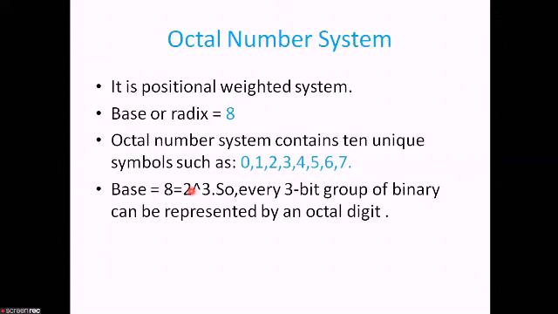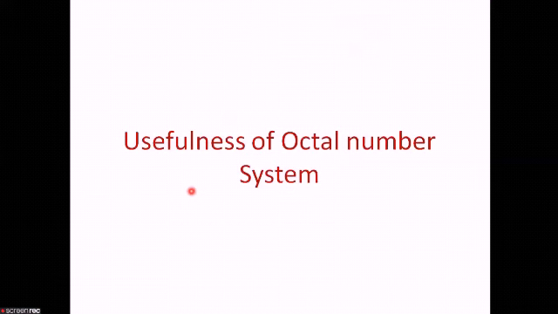Next, we are going to study the usefulness of the octal number system. The ease with which conversions can be made between octal and binary makes the octal system attractive as a shorthand means of expressing large binary numbers.